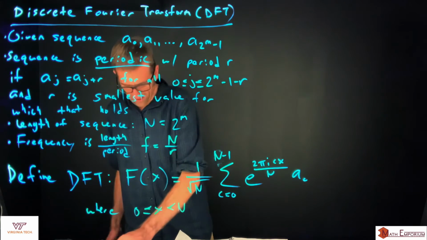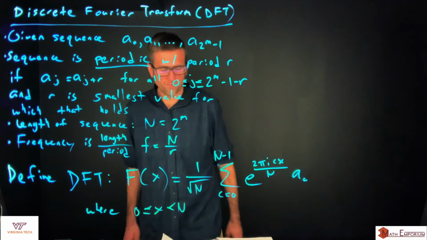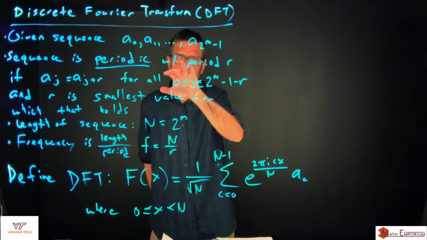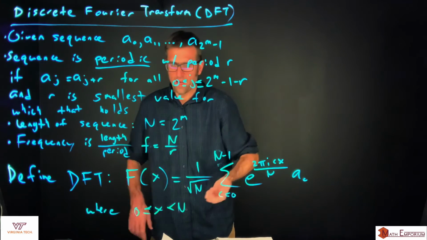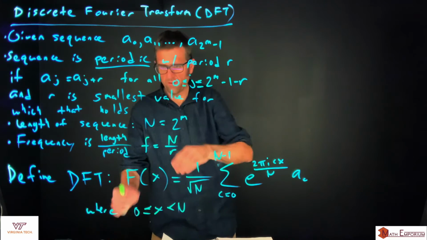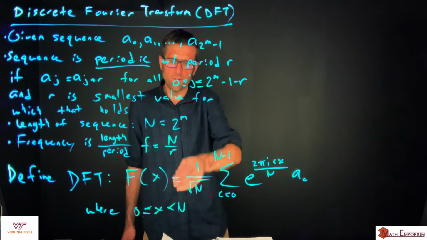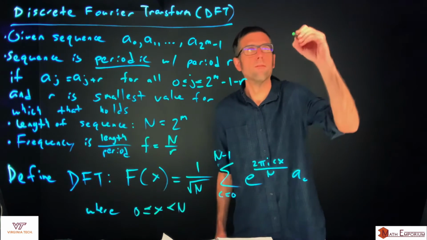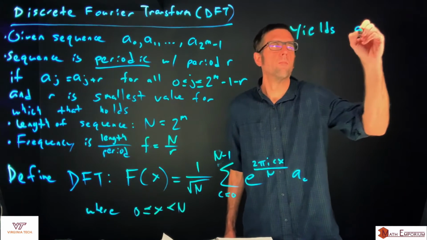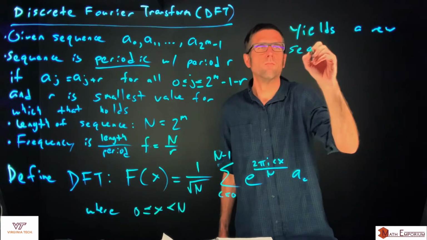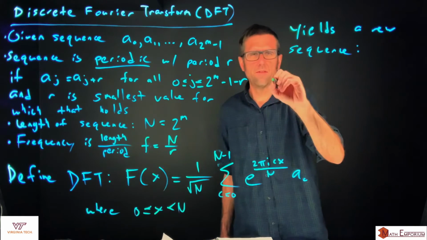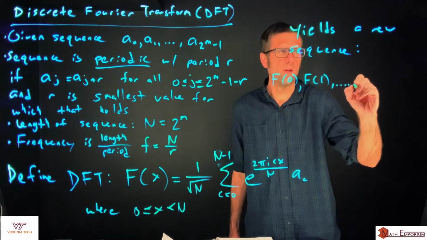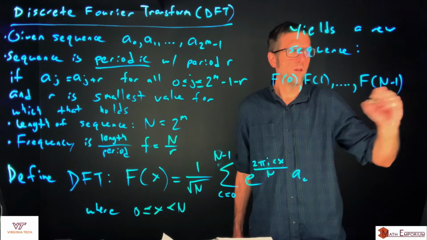To see what's going on here, we're going to take a sequence of length N, and really we're producing another sequence. We get this function defined with the values of x between 0 and N. So really, this yields a new sequence given by F of 0, F of 1, through F of N minus 1.